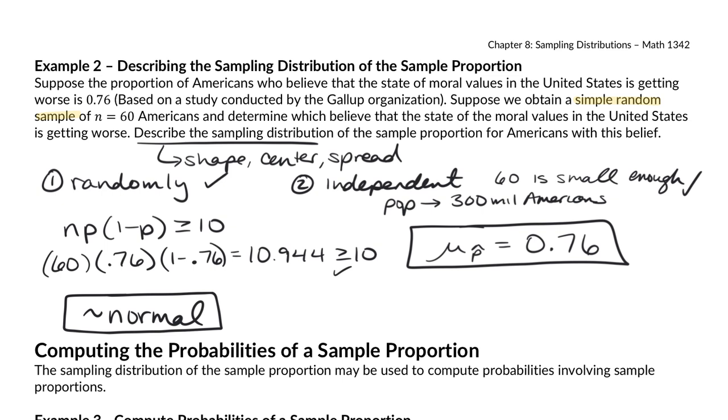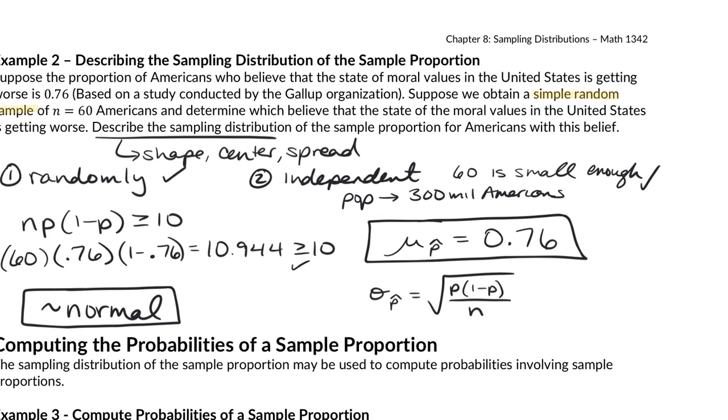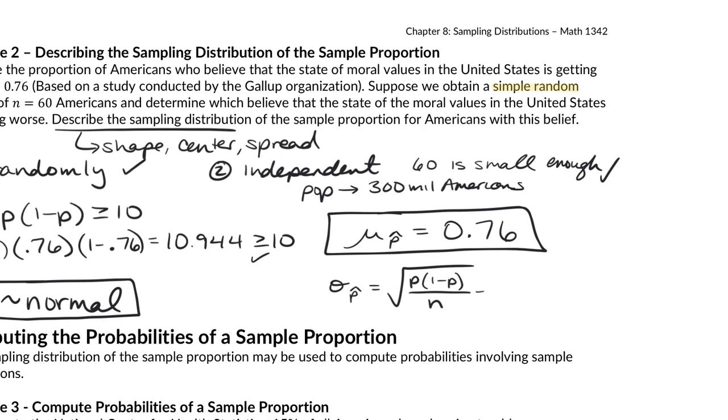The formula I'm using for sigma, for my standard deviation of p hat, is the square root of p times 1 minus p over n. So if we fill that in, what was p again? 0.76, which means we do 1 minus 0.76, all divided by my sample size, which was 60.